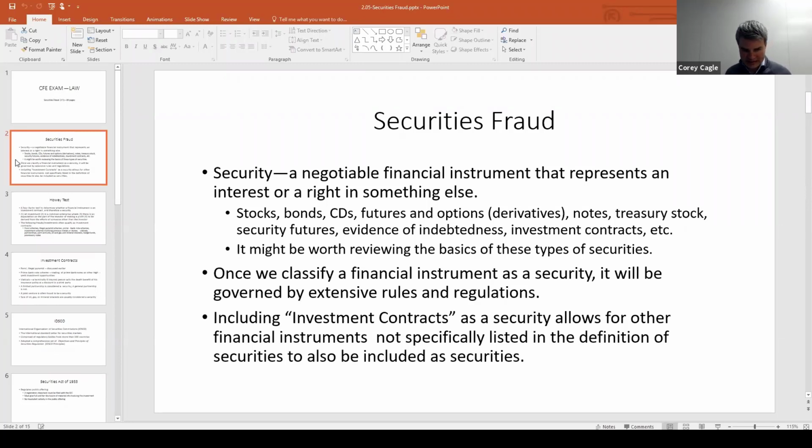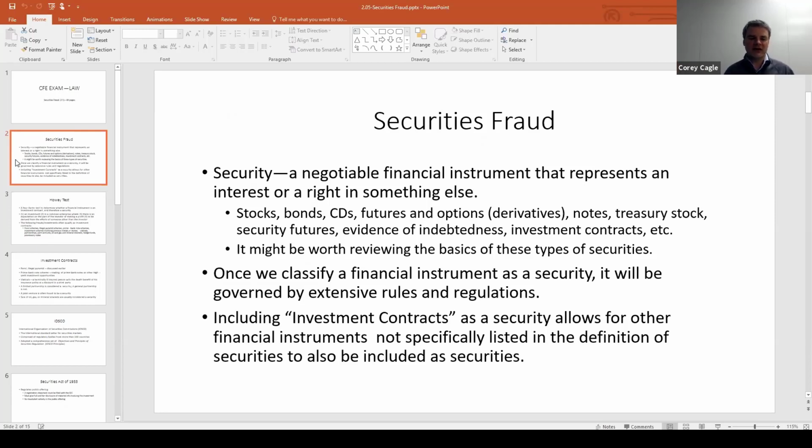So a security is, a boring definition, a negotiable financial instrument that represents an interest or a right in something else. Things like that are hard for me to remember because it's just a boring, nitpicky definition. So it's some kind of financial instrument that you can sell and buy, and underlying that is some interest in something or a right in something.